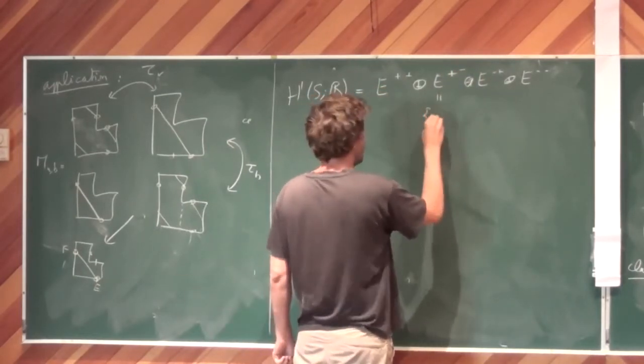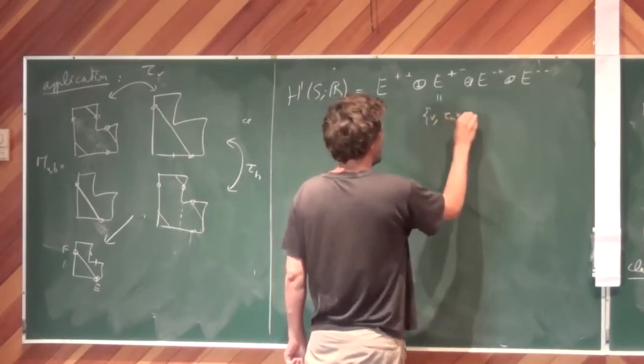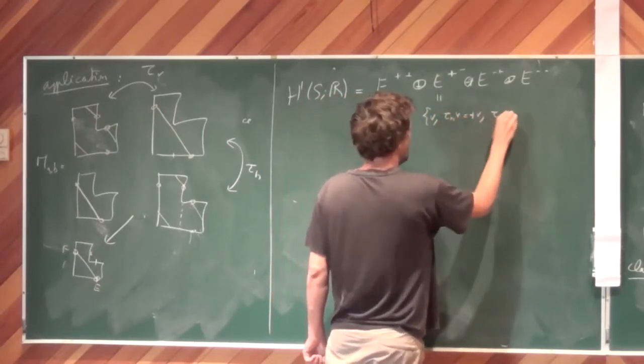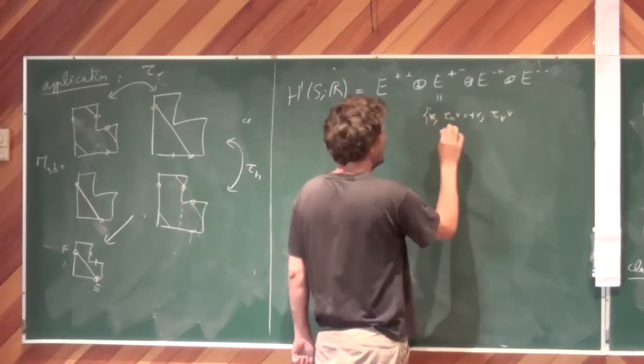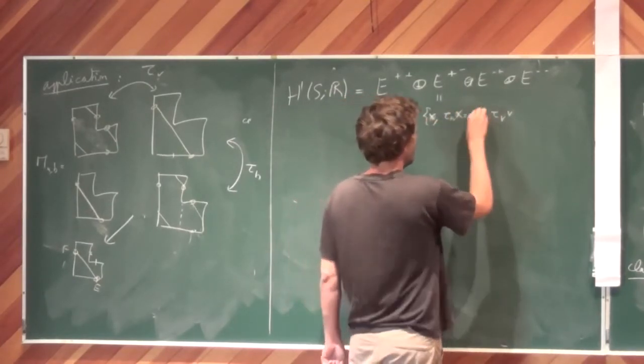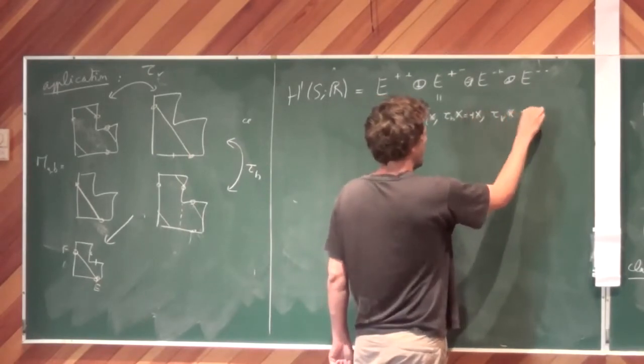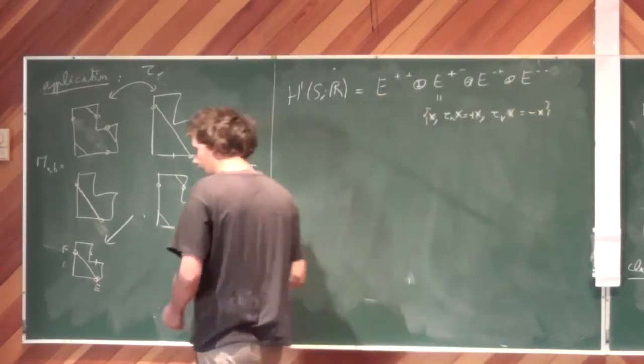So this is a set of V such that tau H V equals plus V and tau V V equals minus V.